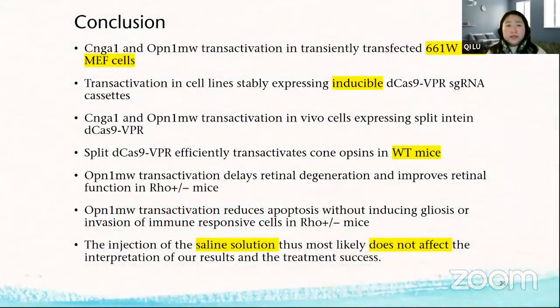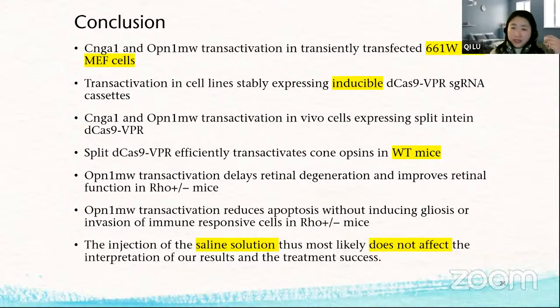So the conclusion of this study is that the dCas9-VPR system works, and the CNGA1 channel and RPN proteins can be transactivated for transient expression in photoreceptor cell lines and fibroblast MEF cell lines.